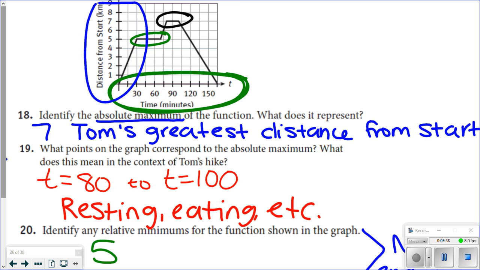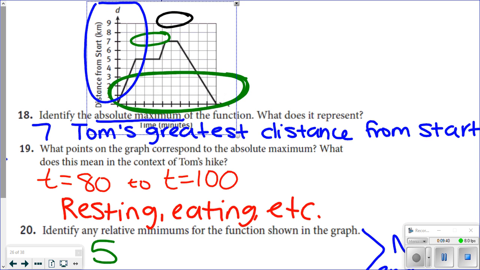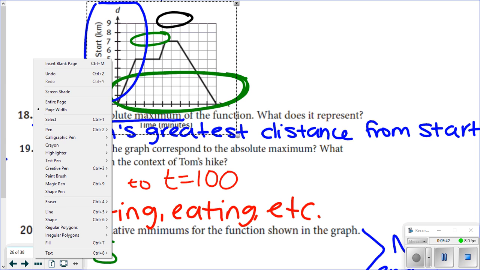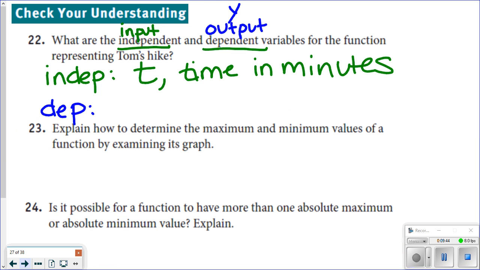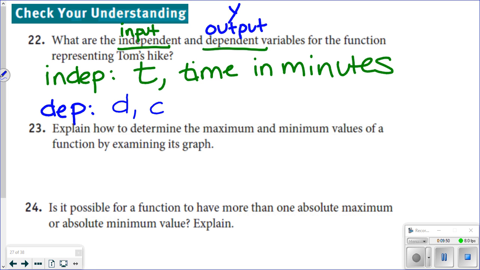It's cut off, but if I slide it down, you're going to see that it's a D, and D stands for distance. So my dependent variable is D, which is our distance from start, in kilometers.